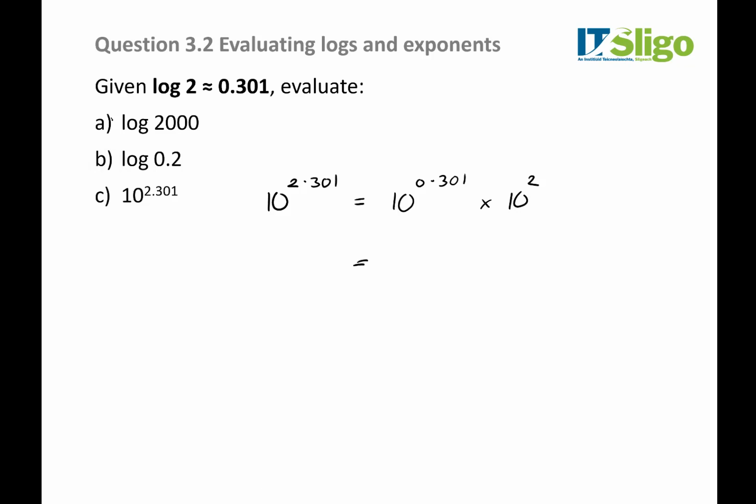And now 10 to the power of 0.301, well, that's equal to 2. And this is equal to 100. So my answer then is 200. And again, guys, I need to see this working out.